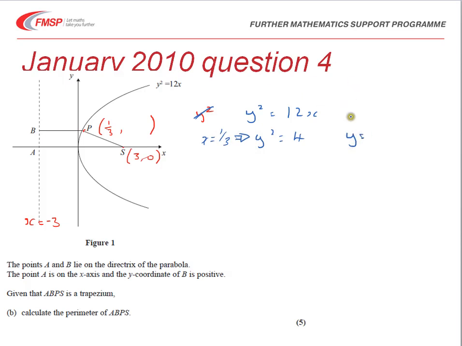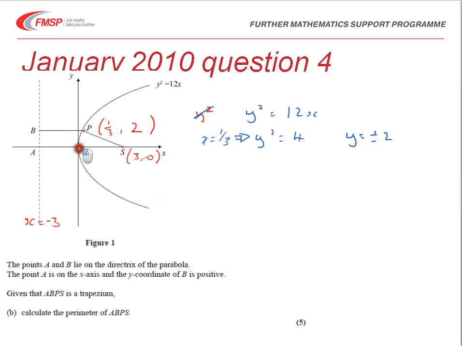But we're told that P is positive, so that coordinate of P must be at 2. Well, that now gives us enough information to work out the perimeter of ABPS.